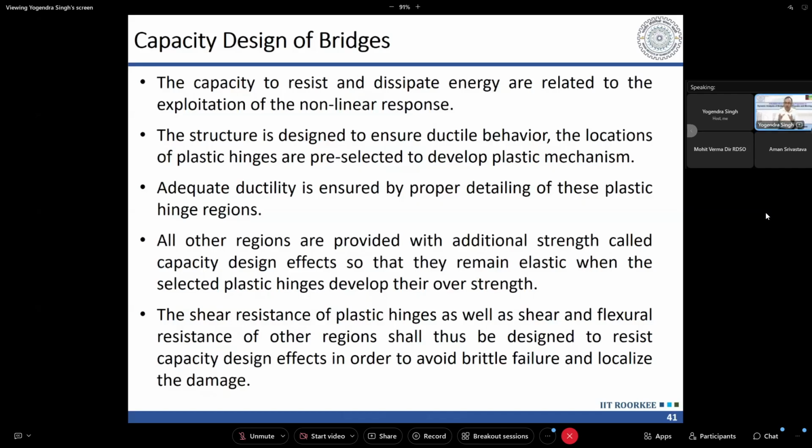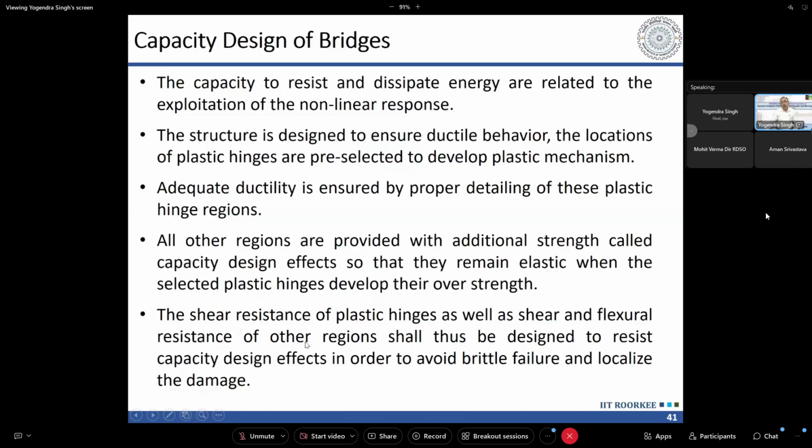And why do we want the plastic hinges to be pre-located? Because especially in RCC members, and it is true for steel members also, we need special detailing so that we can get enough ductility. So we should know where during the real earthquake the yielding will occur, so that we can provide ductile detailing at those locations.